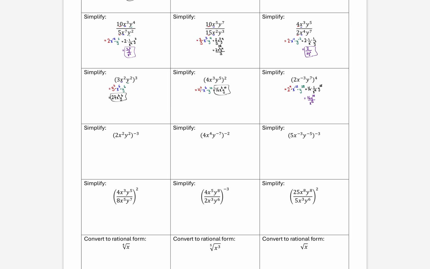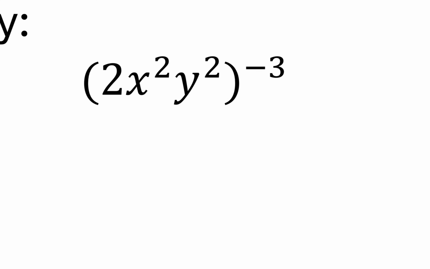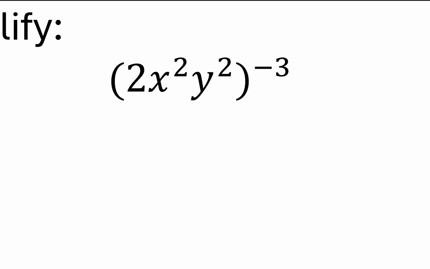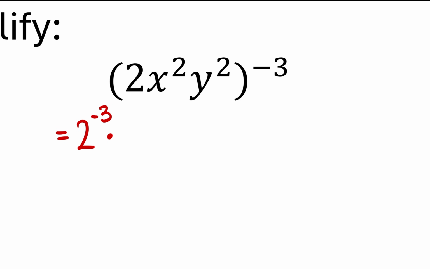And for this one, we have a negative exponent outside the radical, hence we have to multiply. So we have 2 to the negative 3 times x to the negative 6 times y to the negative 6.